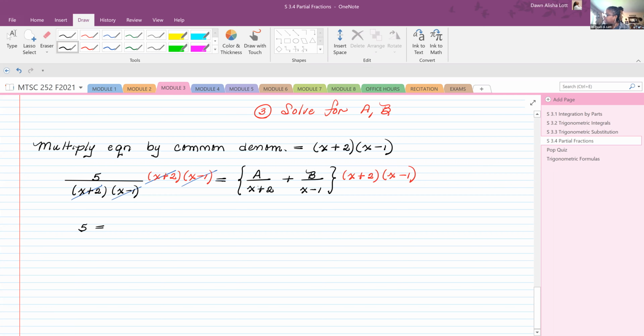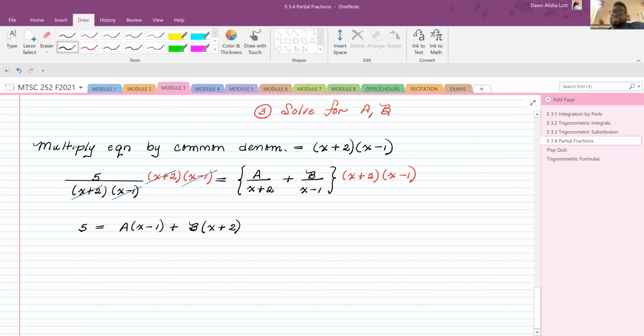On the right-hand side, when I take the expression A over x plus 2 and multiply it by x plus 2 times x minus 1, the x plus 2's divide out, and I get A times x minus 1. And when I multiply B over x minus 1 times x plus 2 times x minus 1, the x minus 1s divide out, and I get B times x plus 2. Any questions?